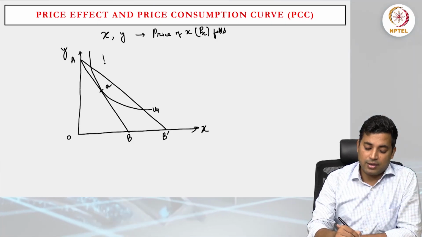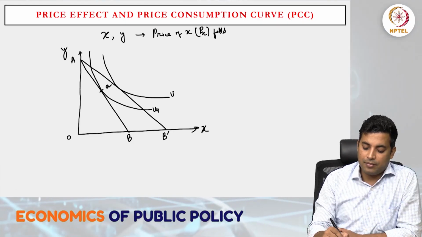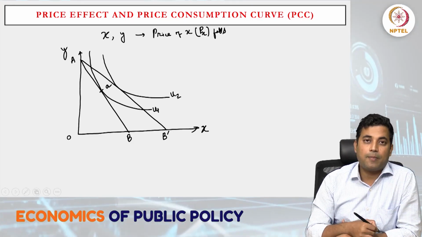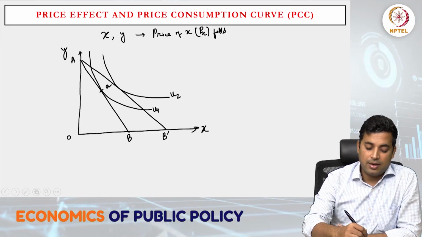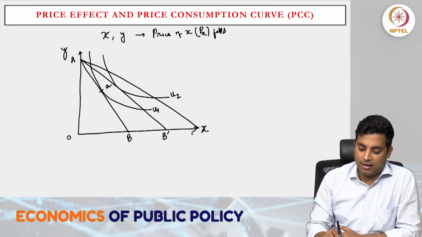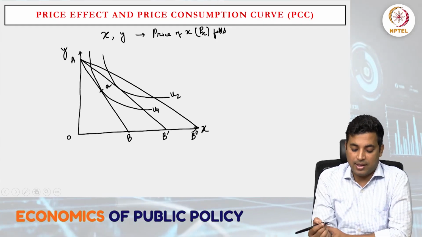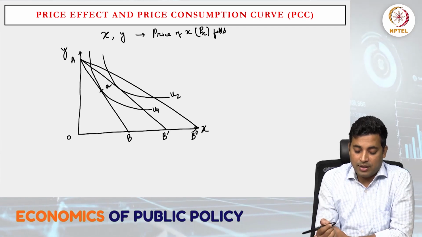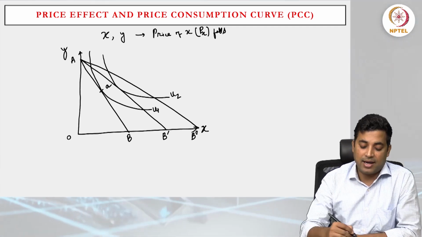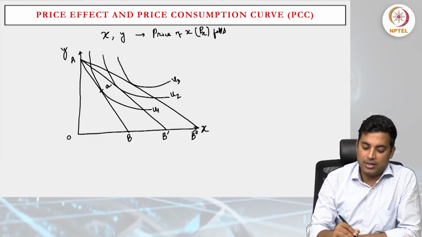So certainly people will consume more in the case of normal goods. Then say the price falls further, and the budget line shifts further rightward to AB double dash, and here we get higher utility.